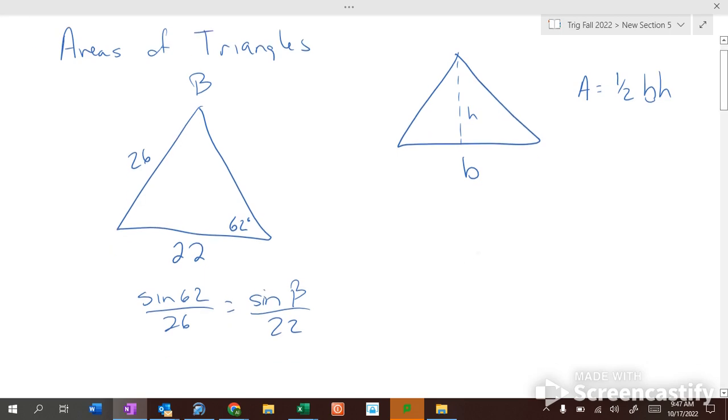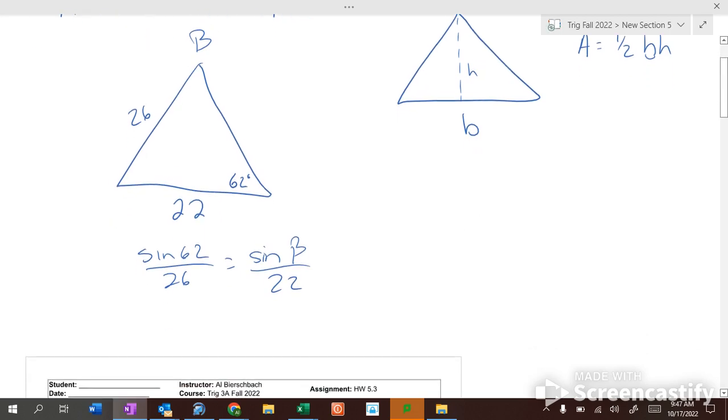Can't you just, no, not yet. We'll figure this out here once. 22 times the sine of 62 divided by 26. What do we get? How many degrees? 48.3.